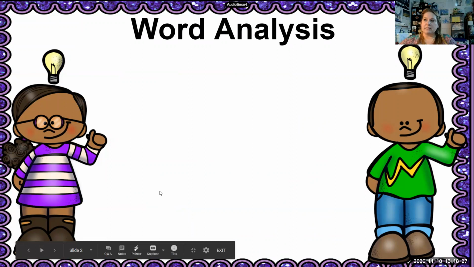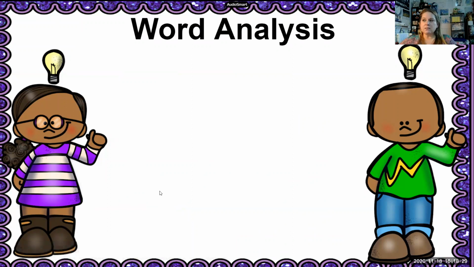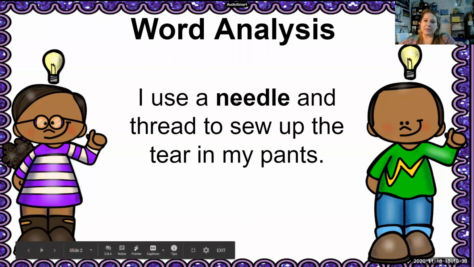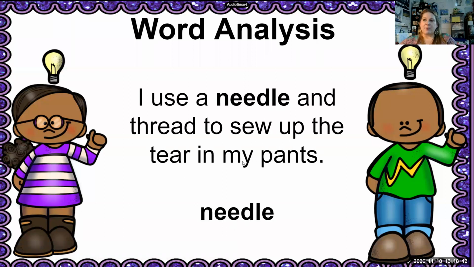So our sentence is: I use a needle and thread to sew up the tear in my pants. And the word that we're going to focus on right now is needle. So let's all say the sentence together. I use a needle and thread to sew up the tear in my pants. How many syllables are in the word needle?